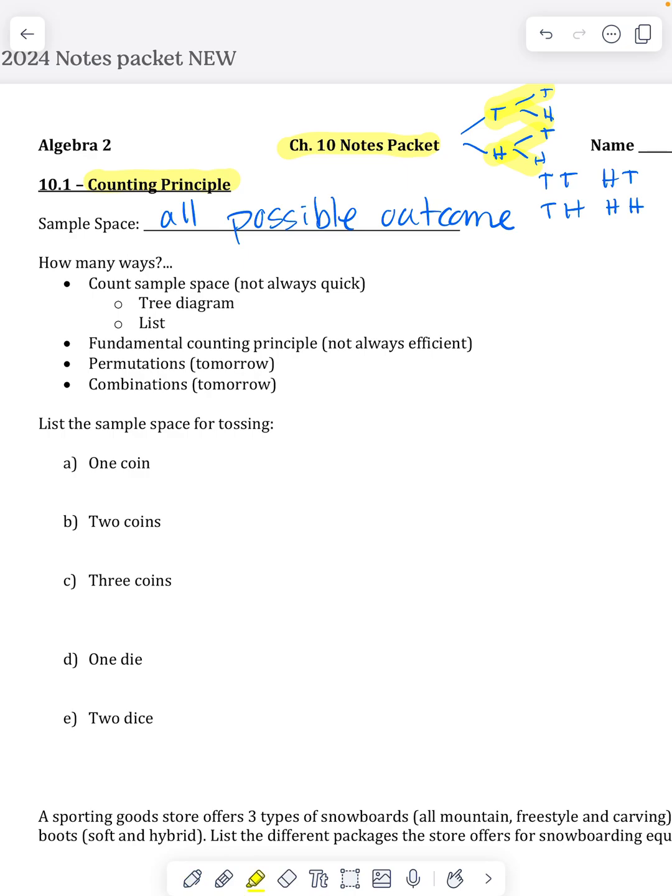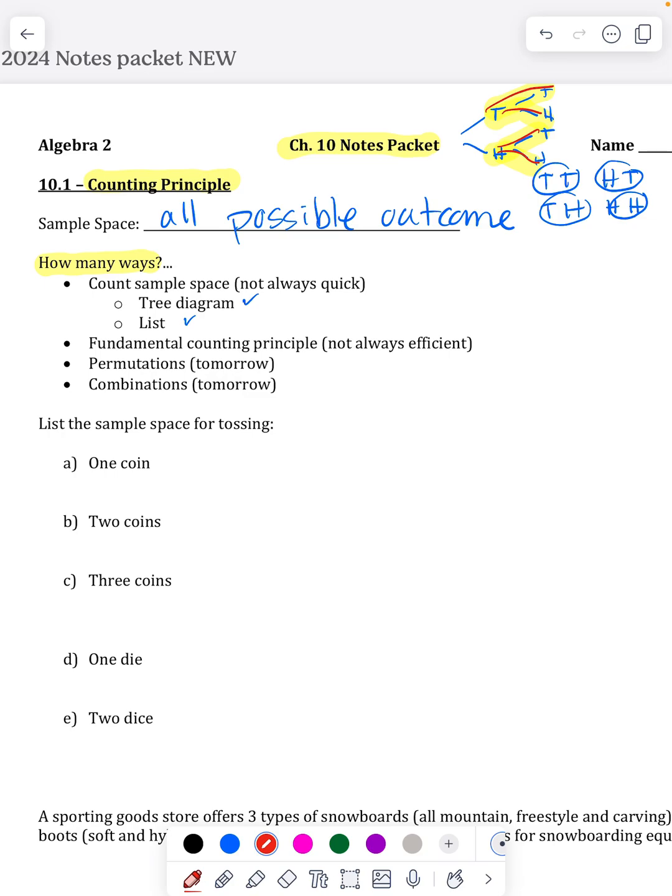What we're going to be talking about first is how many ways can this happen? How many ways can that happen? Obviously one way is to write out all the options, like the tree diagram or the list we just talked about, and then count. So here there's 1, 2, 3, 4 possible outcomes. Or if I'm using my tree, there's 1, 2, 3, 4 possible outcomes.